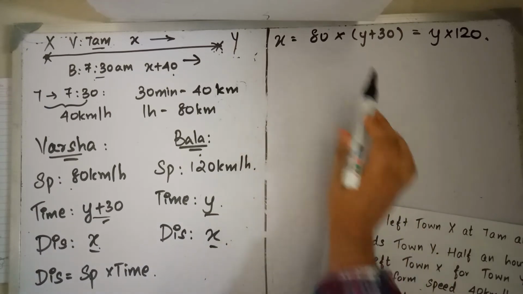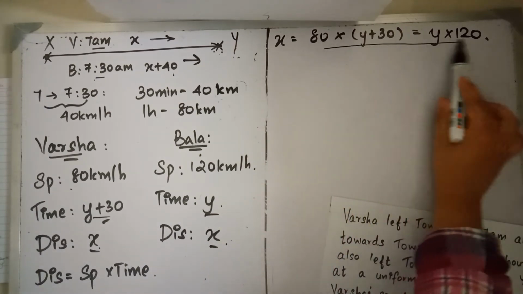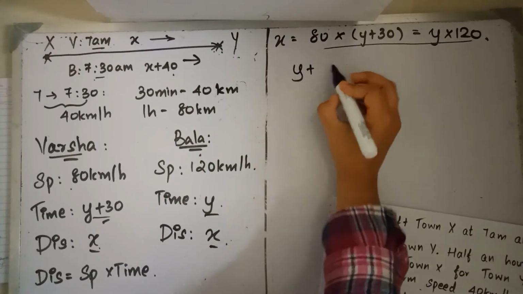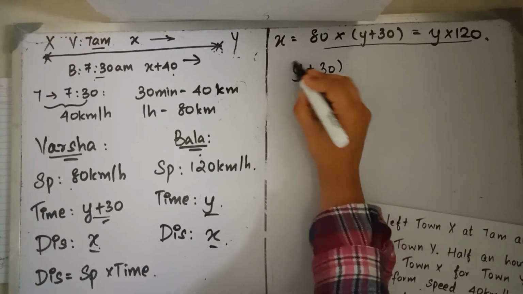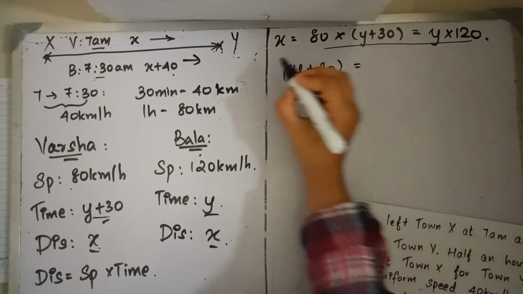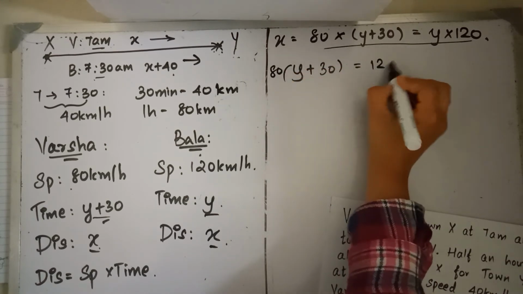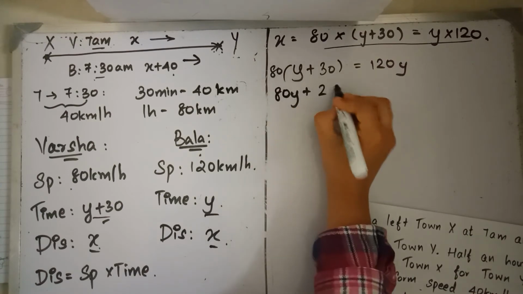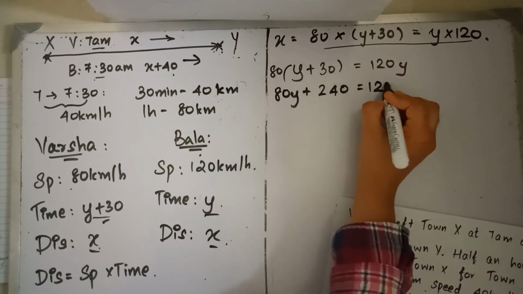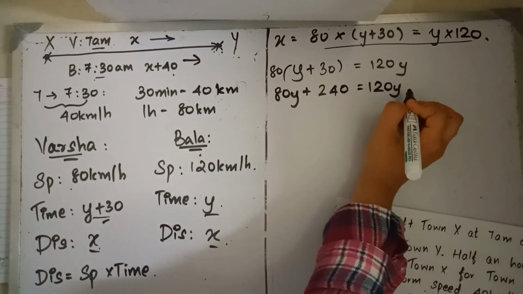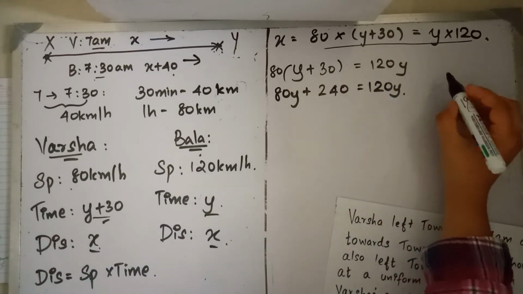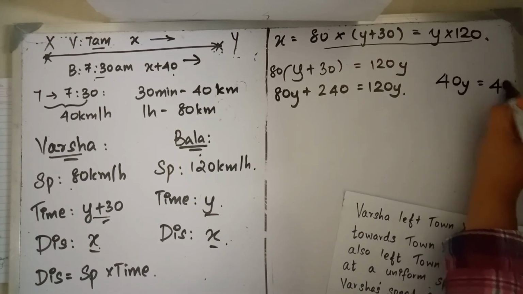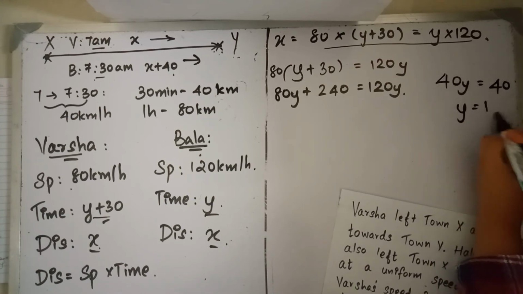Now both of them are equal to X, so we can equate these equations, and by doing so we can find out Y. So on equating these equations, we get 40Y is equal to 40. So Y is equal to 1.